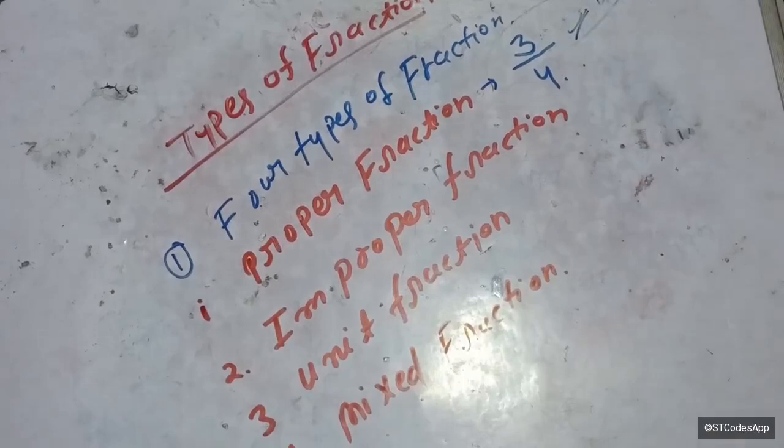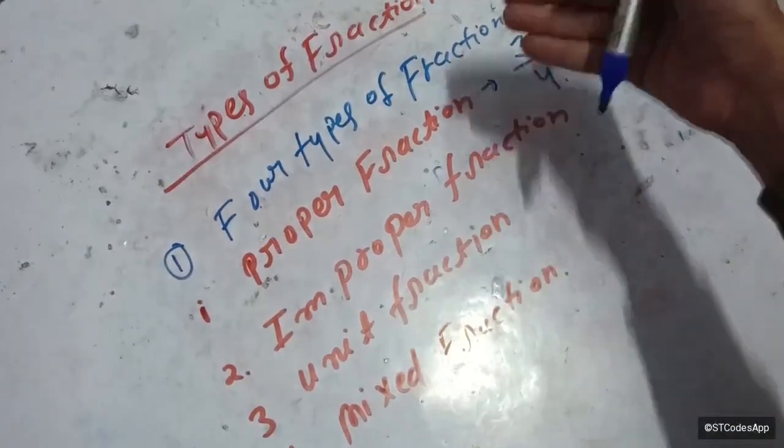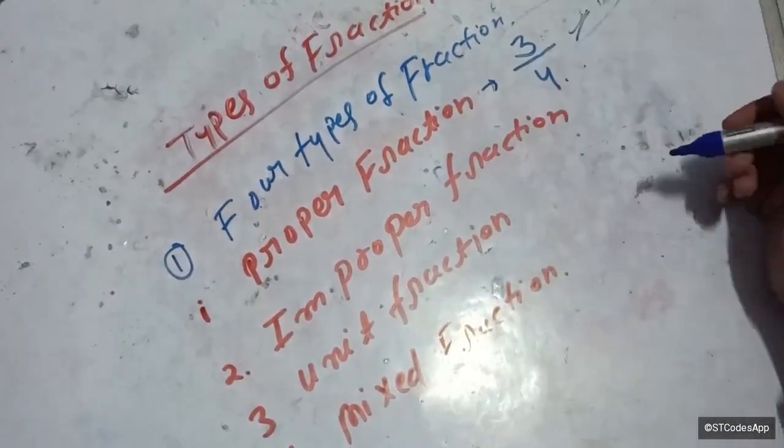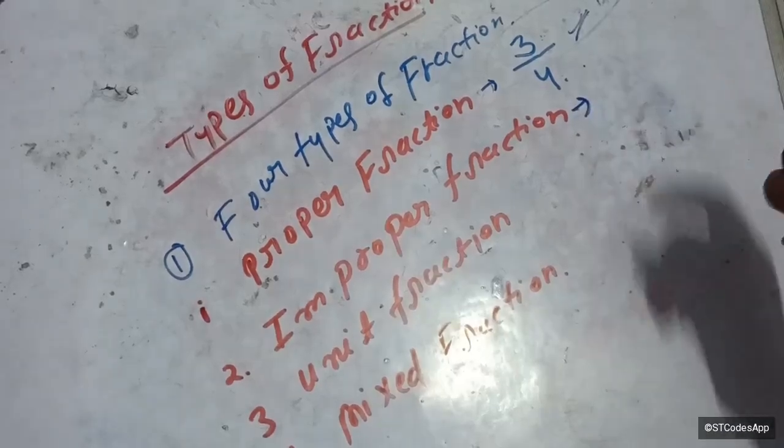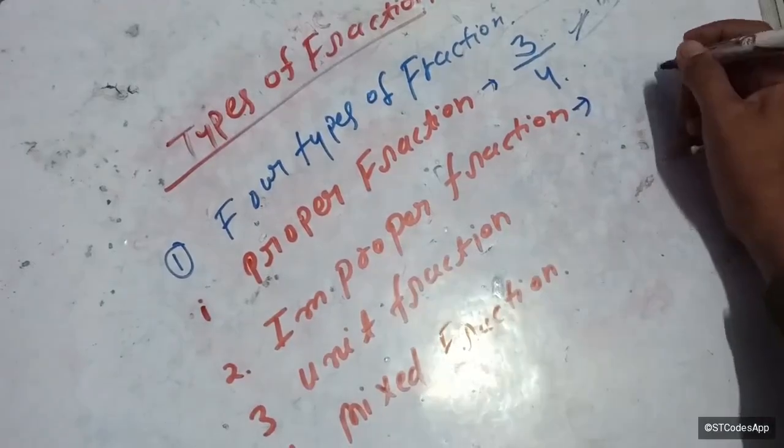Improper fraction is the opposite: if the denominator is lesser than the numerator, it is called an improper fraction.